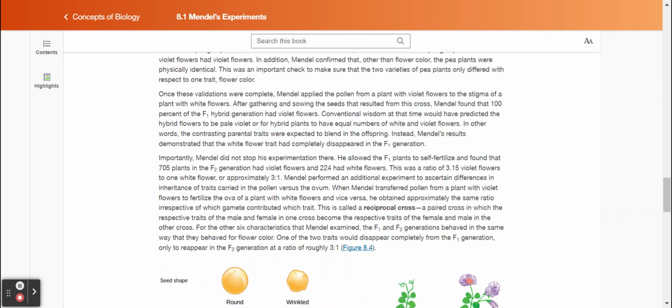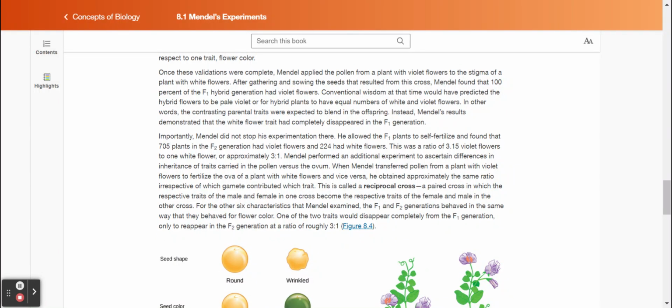Once these validations were complete, Mendel applied the pollen from a plant with violet flowers to the stigma of a plant with white flowers. After gathering and sowing the seeds that resulted from this cross, Mendel found that 100% of the F1 hybrid generation had violet flowers.